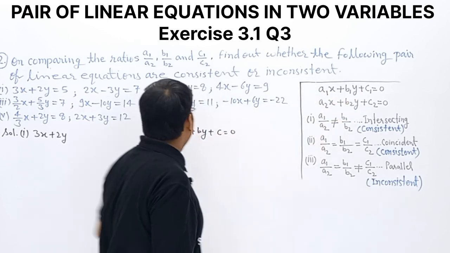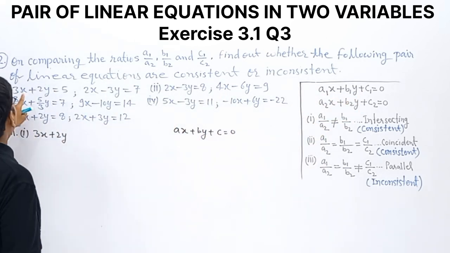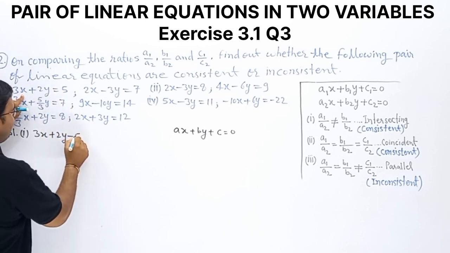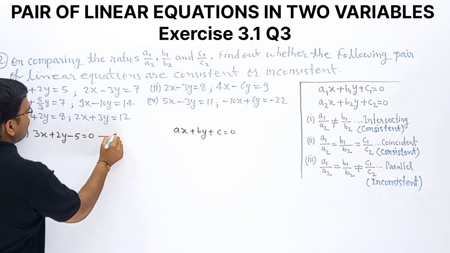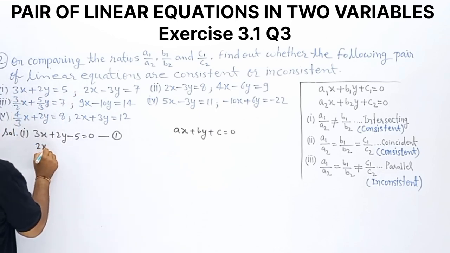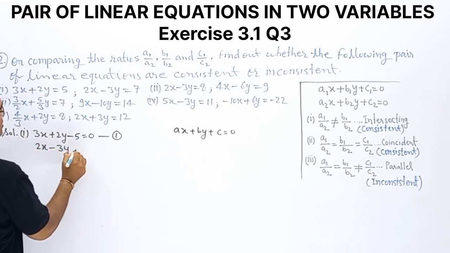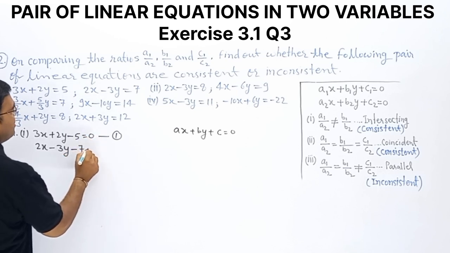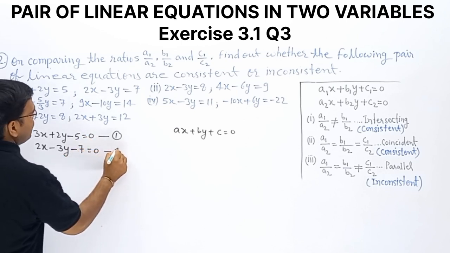So 3x plus 2y can be written as minus 5 equal to 0. This is equation number 1. Another one is 2x minus 3y equal to 7, which can be written as minus 7 equal to 0. This is equation number 2.